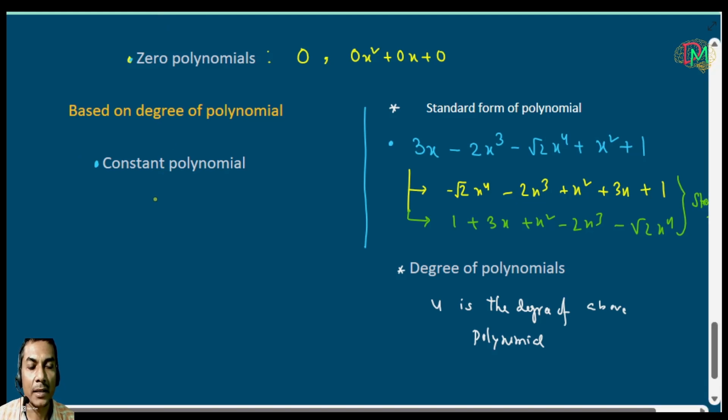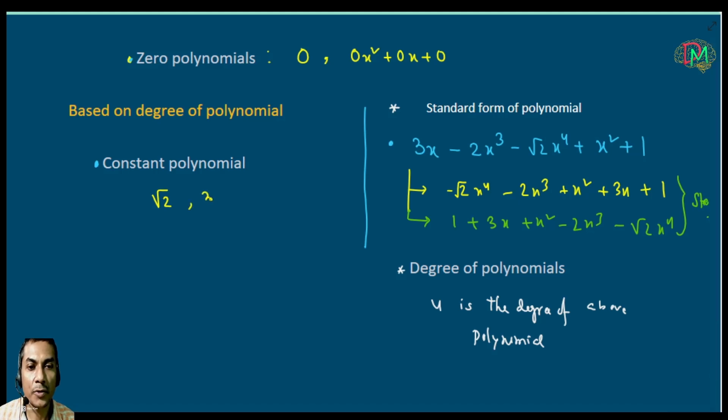For example, root 2, this is a constant polynomial. 3, this is a constant polynomial. 7, because here the variable power is 0. Because x to the power 0 is equal to 1. Something to the power 0 is equal to 1.